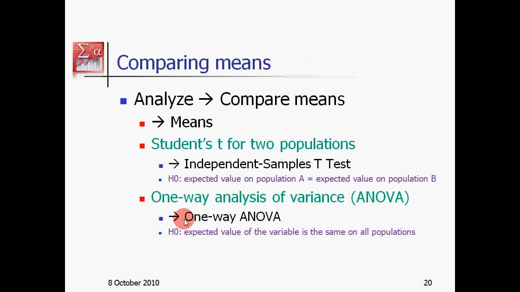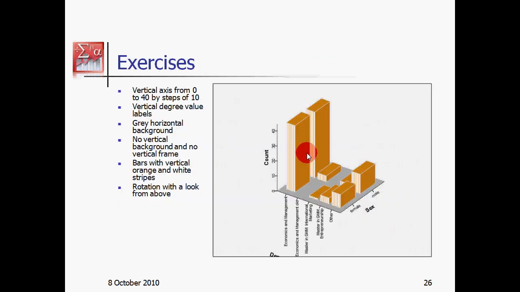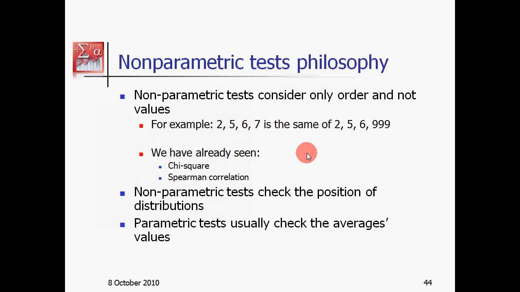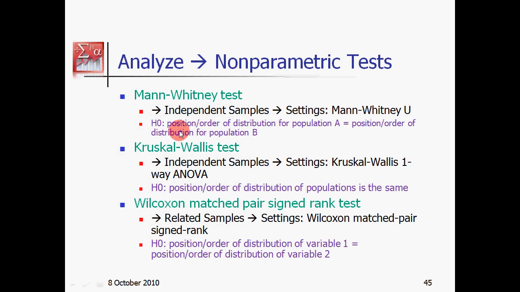Mann-Whitney is the student t-test for two populations, with the difference that the student t-test for two populations is a parametric test which checks whether the averages are different, while the Mann-Whitney is a non-parametric test and checks whether the positions of the distributions are different.